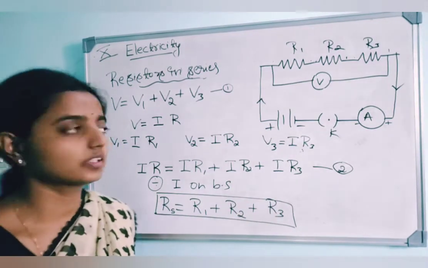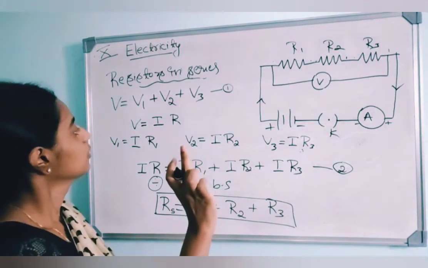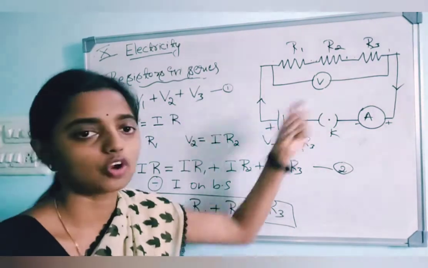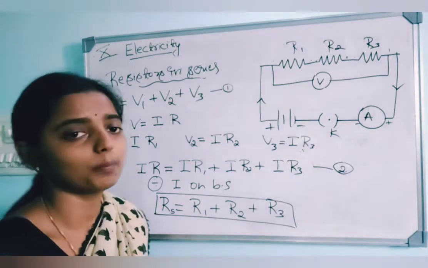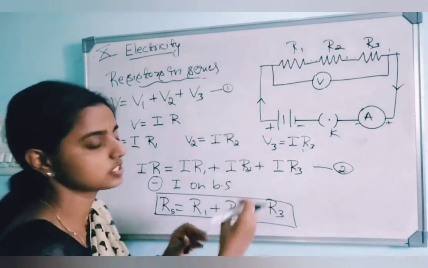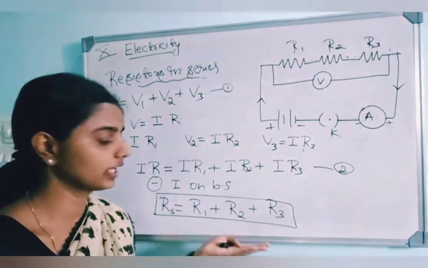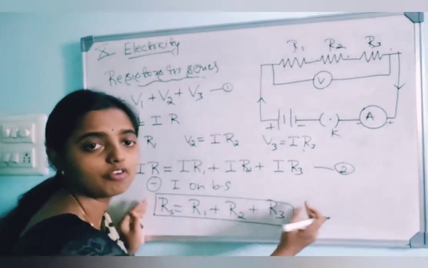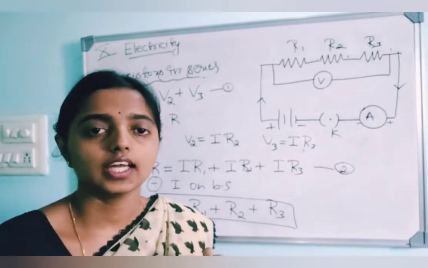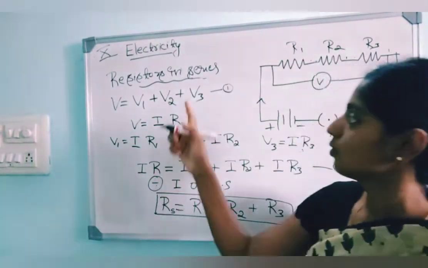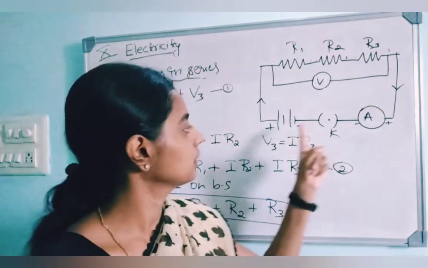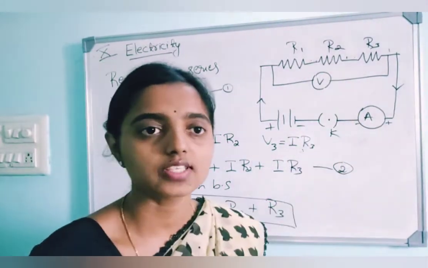See, very simple thing, you just should not make any mistakes in this second step and first step. Clear? You need to draw this diagram. And we don't have much theory part, all mathematical small steps, just substitution until we get our final equation. Based on this equation we solve a number of problems. Once again, let us recall what comes after the diagram. The diagram contains voltmeter, ammeter, battery, plug key and 3 resistors.